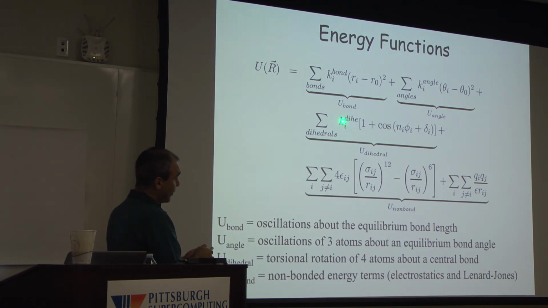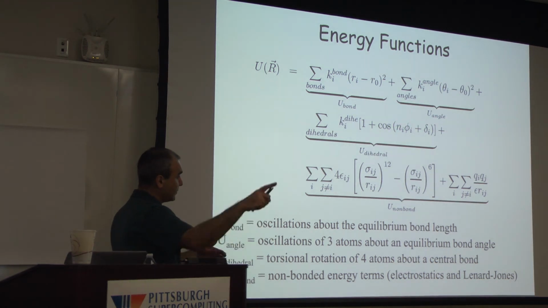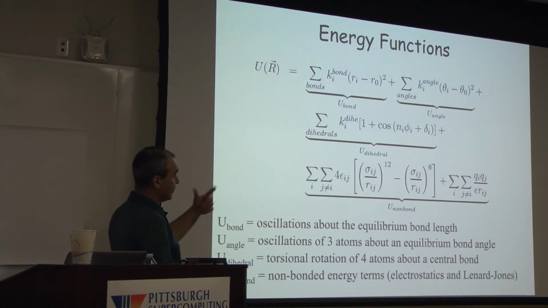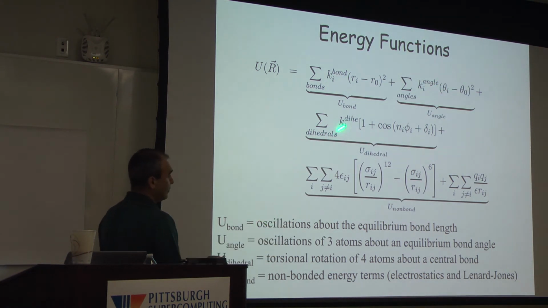Each dihedral needs 3 parameters, k, n, and delta. What is the phase, the position of the minimum? How many times does it repeat when you rotate a bond 360 degrees? And what is the barrier? So these are the 3 most common bonded terms in my potential energy function, and then I have all the non-bonded interactions: Lennard-Jones, repulsive and attractive, and Coulomb interaction.